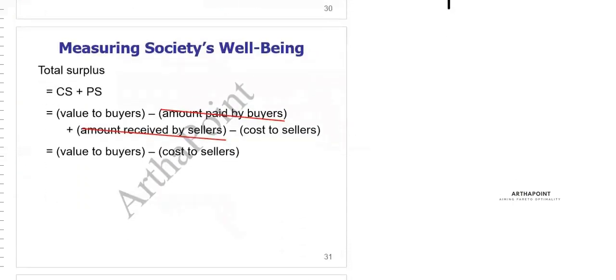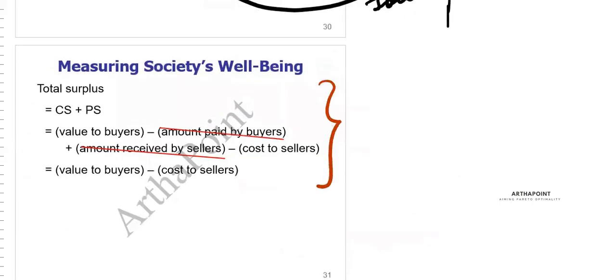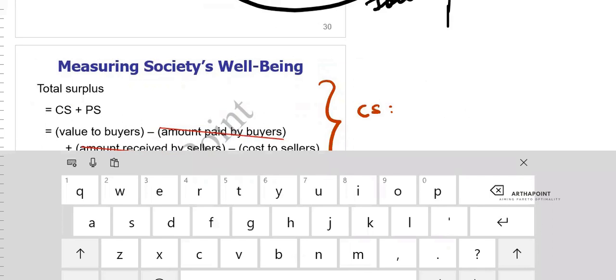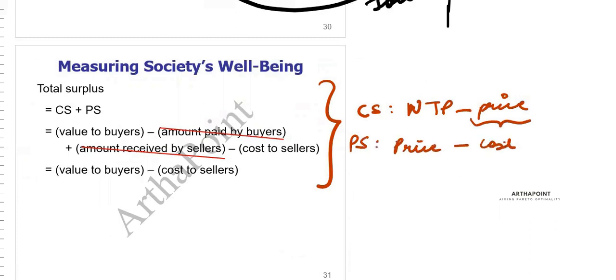How do we measure total surplus? Consumer surplus is the willingness to pay by the consumer minus the price actually paid. The price that the consumer pays is the price that the producer receives, minus the cost of production, that is his surplus. Total surplus is adding the two things together.